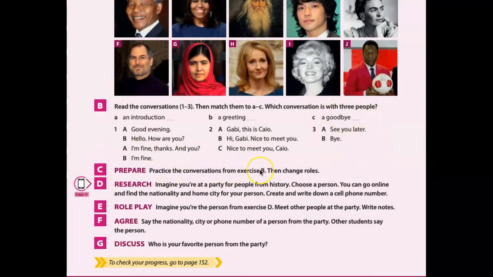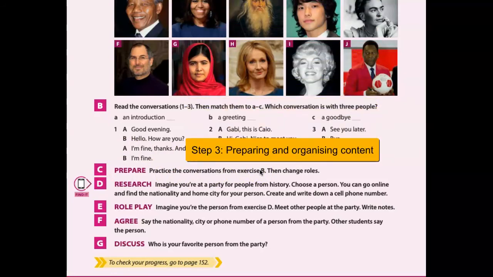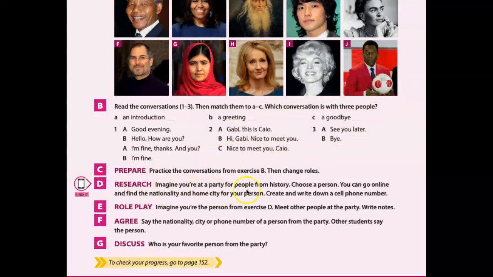Then they move on to prepare their conversation, but they also have the opportunity to do research. Imagine you're at a party for people from history. You can go online and find the nationality and home city for your person.